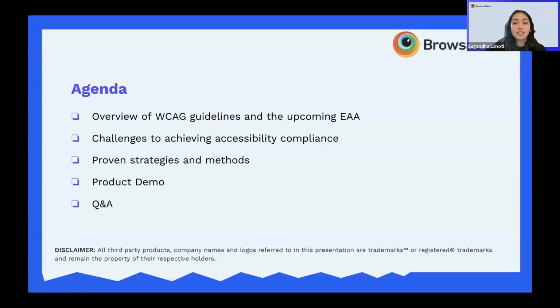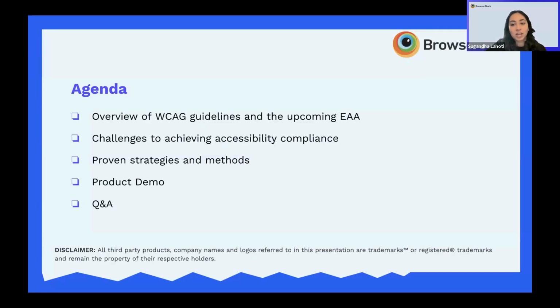Here's our agenda for today. We'll begin with a comprehensive look at the WCAG and the upcoming European Accessibility Act. This will help set the stage to outline the standards. Next, we'll delve into some of the common challenges that orgs face when they are striving to meet accessibility standards. We'll then move on to proven strategies and methods for achieving and maintaining compliance.